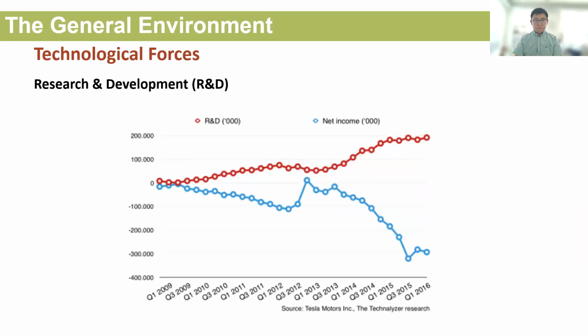Similarly, if you're familiar with the history of Tesla, they made a huge investment in R&D for many years, but their sales were really bad for those years. Until a certain point, they started to earn money, and people saw all this technical force, and all companies started making electric cars.